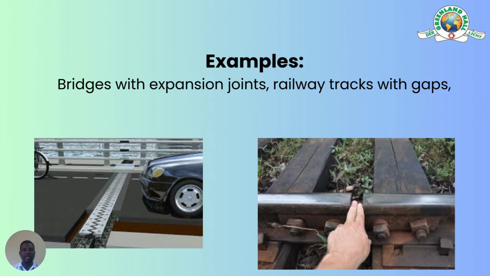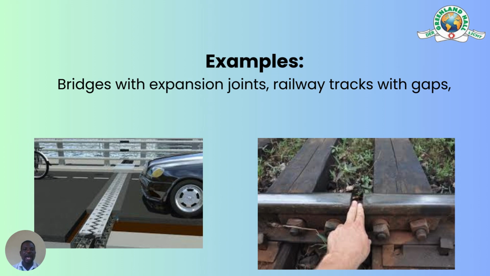These are examples of real-life expansion: a bridge with an expansion joint, and a railway track with expansion gaps. You must have seen this on bridges, where you have small gaps. This is because the iron in the bridge also expands.